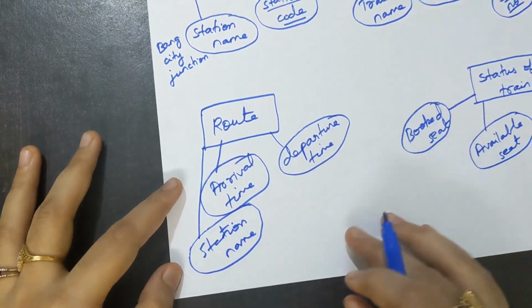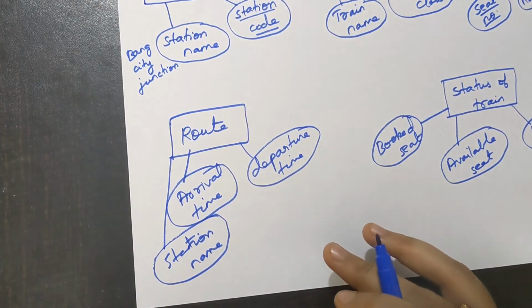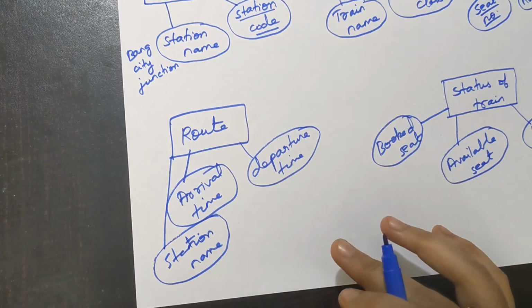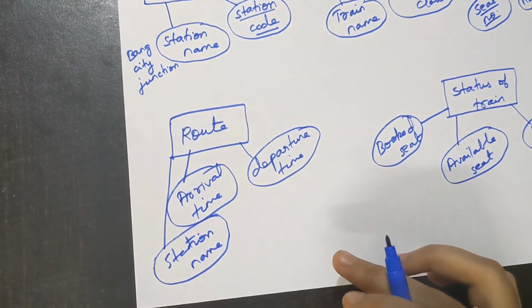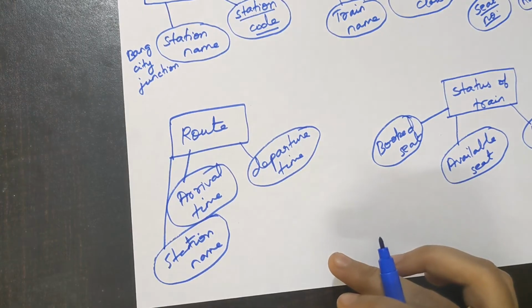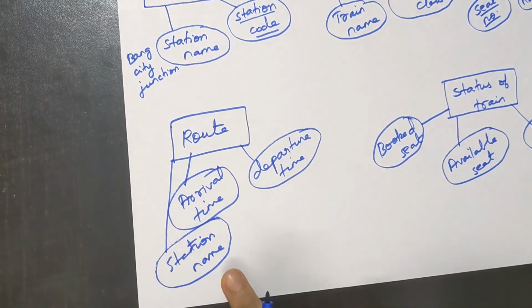So now while traveling from Bangalore to Chennai, the train will follow a route. In that route, many stations will be there and the train has to stop at all those stations. So those stopping stations list their names. That is one of the attributes for route.